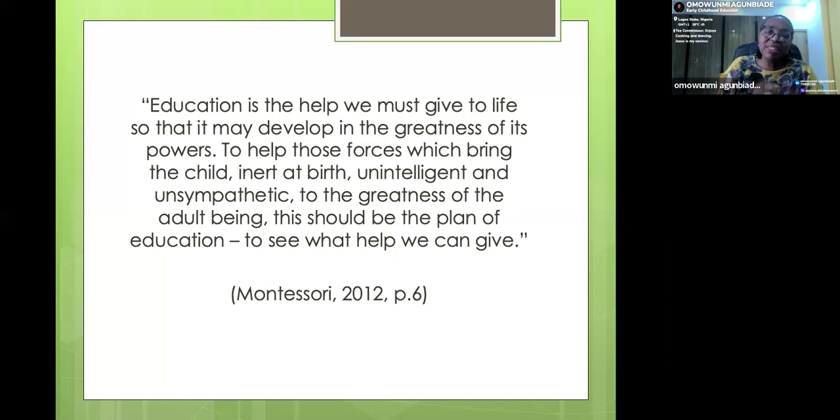So that it may develop in the greatness of its power to help those forces which bring the child inert and bad, unintelligent and unsympathetic. It brings them to the greatness of the adult being. So this should be the plan of education, to see that we're able to give the help that that child needs.